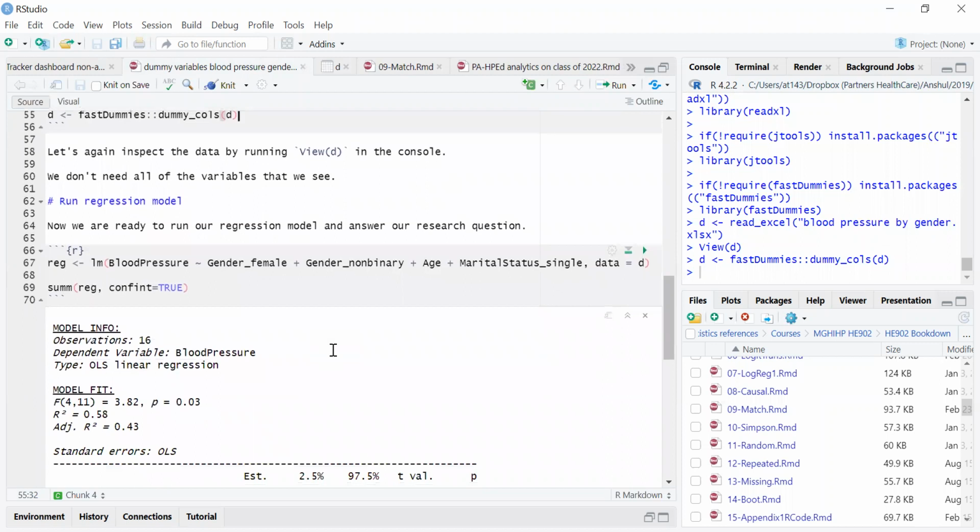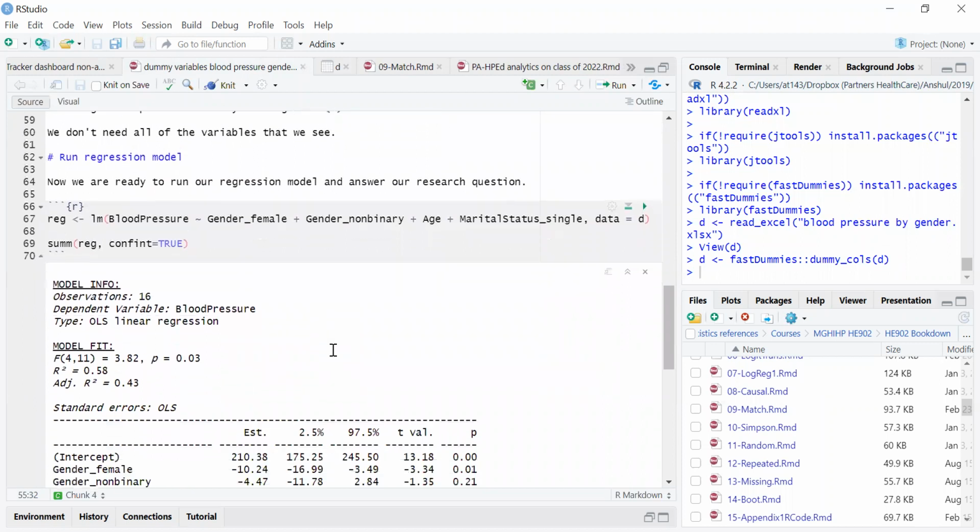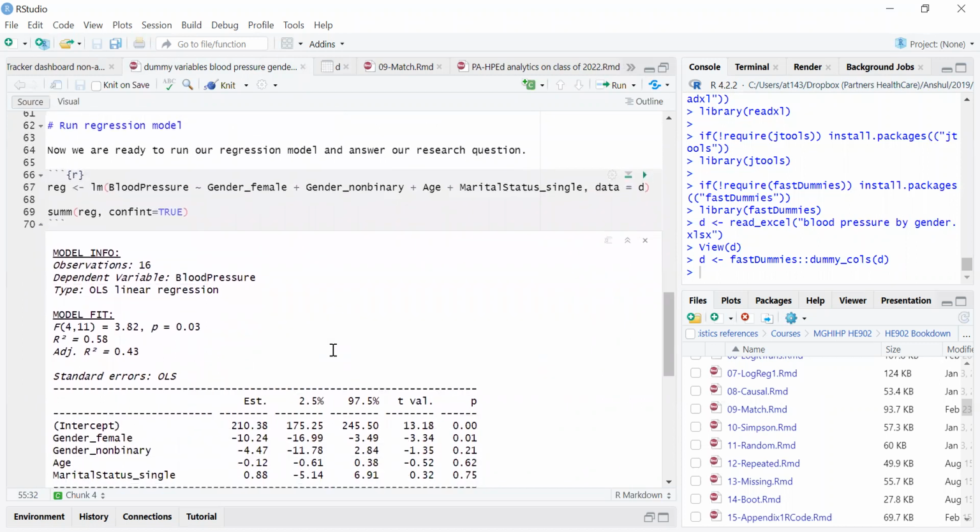And now we are ready to run the regression model. So let me do that. We've got the code for that right here. We're just going to run an OLS linear regression using the LM function. We're going to store it as a regression object called reg. And then I've got my dependent variable here, blood pressure.